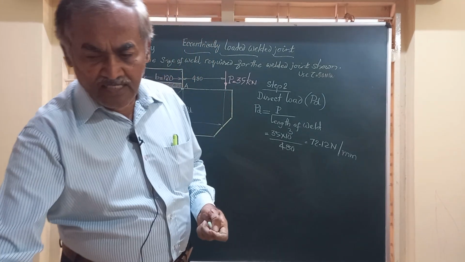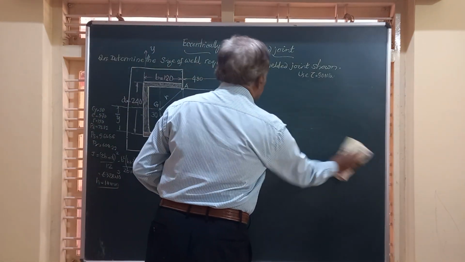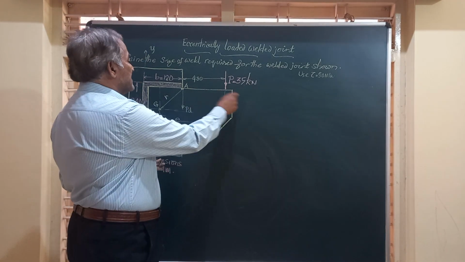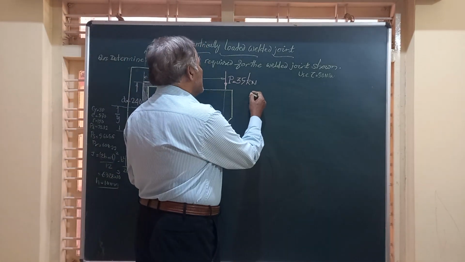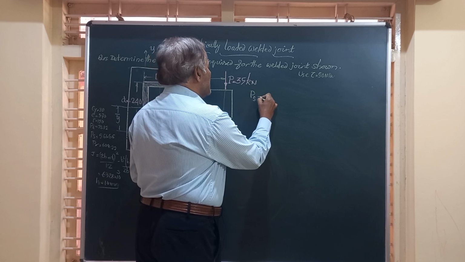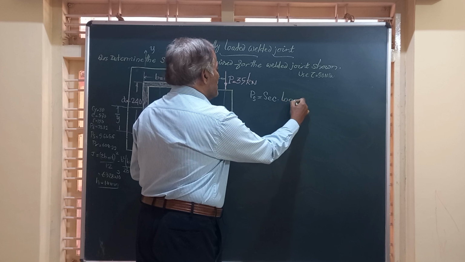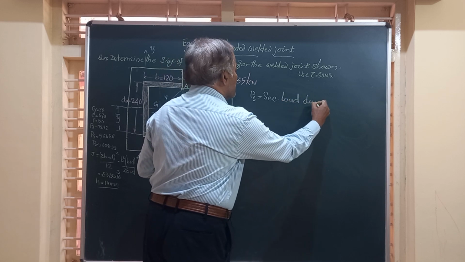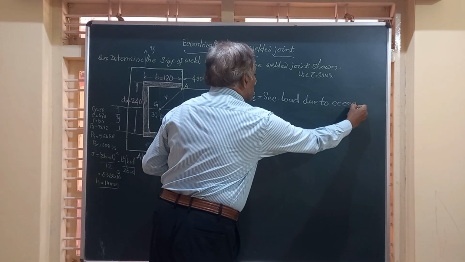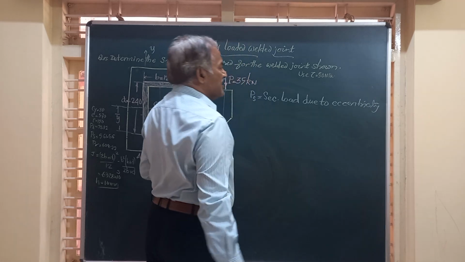Friends, next comes calculation of the secondary load. That is the load due to this eccentricity, and that is given by the formula: PS is the secondary load due to eccentricity in loading.